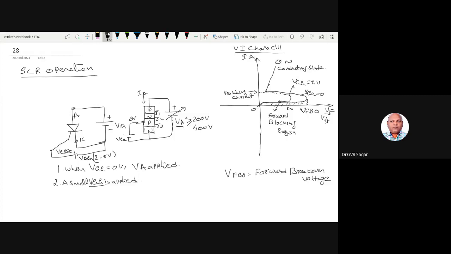Maybe 1 volt or 2 volts is enough to make junction J2 forward biased. Are you clear now? So these are the two ways of operation. One is when VGG is equal to 0 and VA is applied, and the second is when a small VGG voltage is applied along with VA. So this way we can operate in forward bias. This is a forward bias operation.